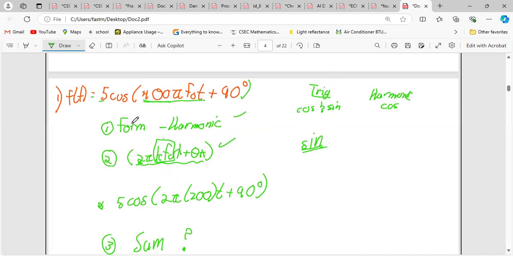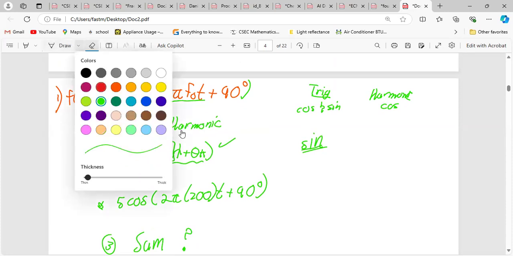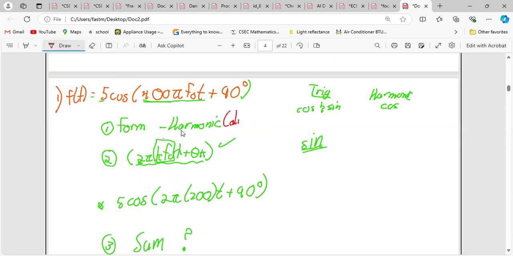So you check the form. Luckily for us, it's in the harmonic form, which is good. That means it's in cos. When you're trying to get the spectrum, you're trying to get it in cos form, since we'll repeat that an infinite amount of times.